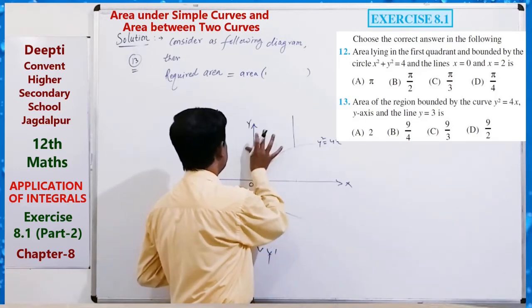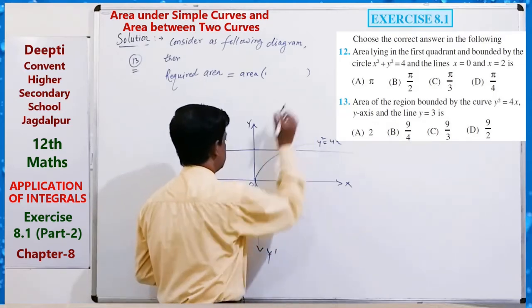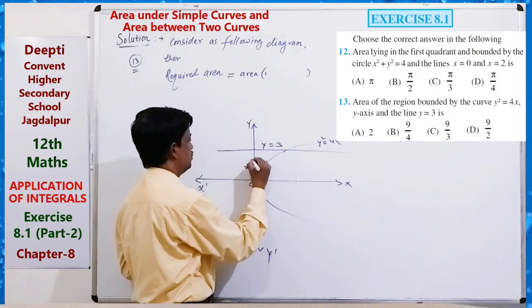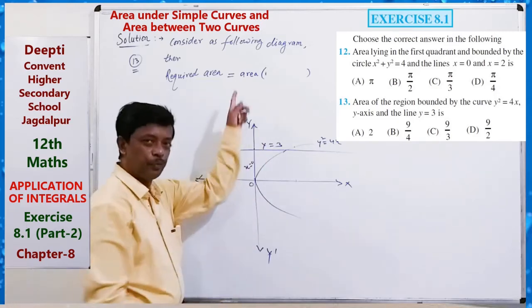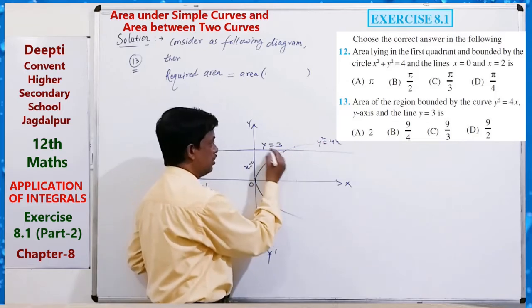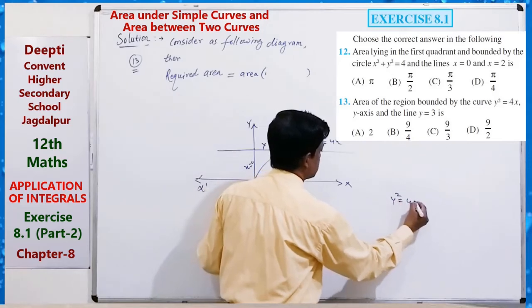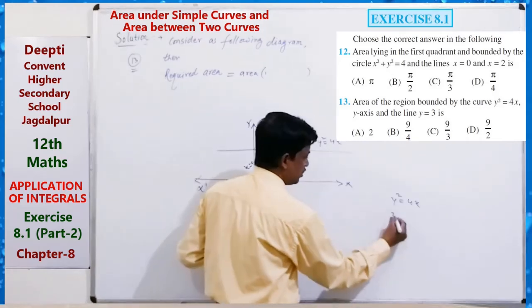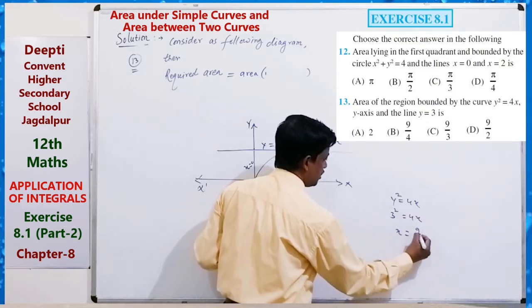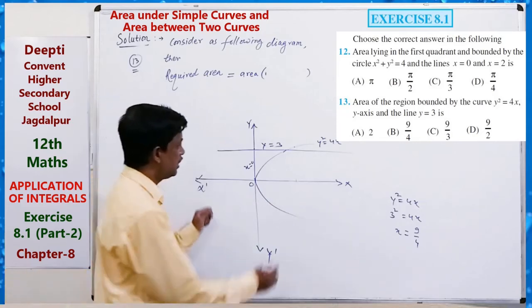Just like this, y equals 3, and this is x equals 0, which means this line, the y axis. This is the curve, and this is y equals 3. y equals 3 intersects y square equals 4x, so 3 square equals 4x, that is x equals 9 by 4.